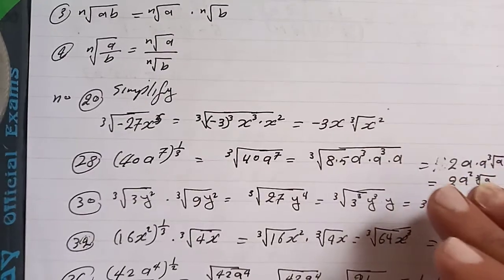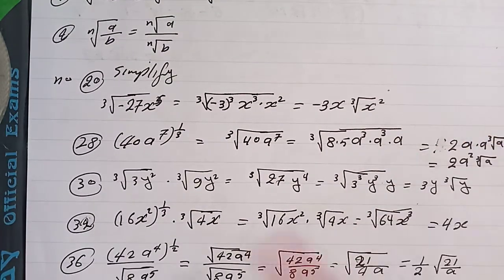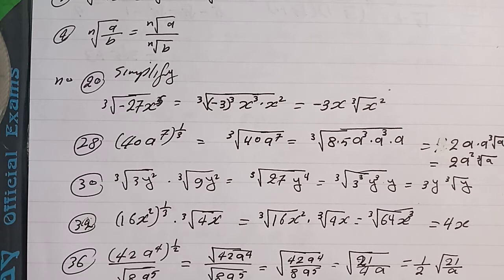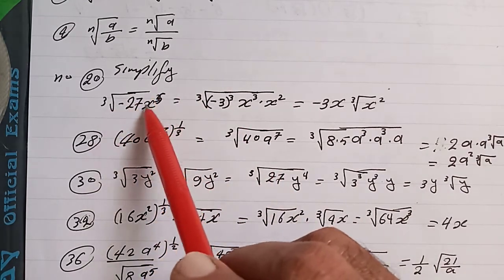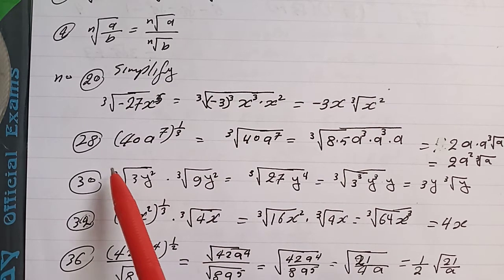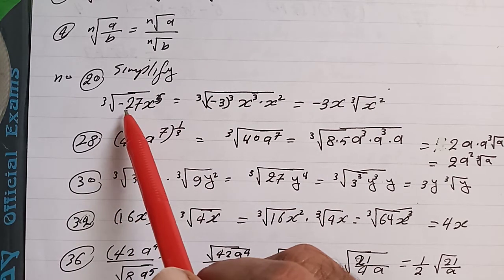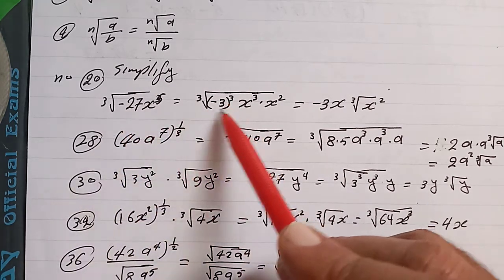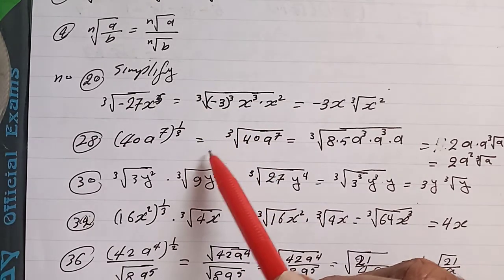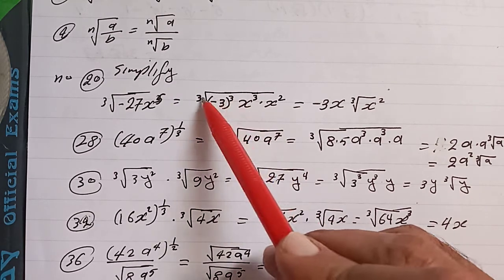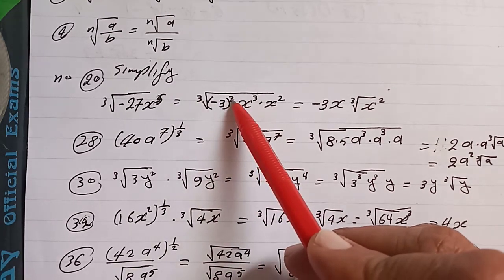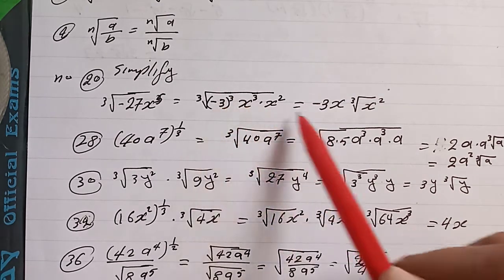Let's take some problems. Number 20, simplify this: the cube root of negative 27 x to the power 5. The negative 27 is negative 3 to the power 3, so this will cancel the root, and since it is an odd index, the negative will remain.